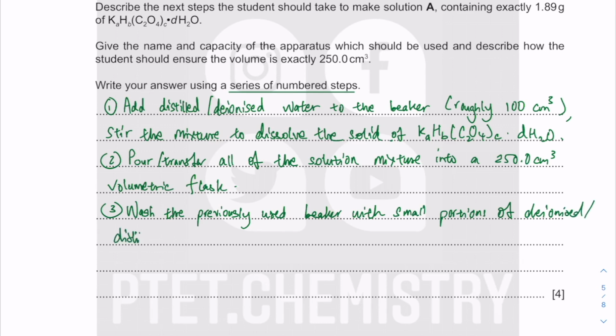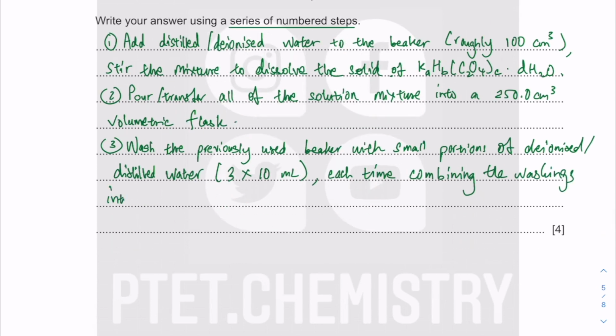Just choose one really. I don't know why I do both of them, I guess to show you. 2 to 3 times 10 milliliter, and then each time combining the washings into the volumetric flask, into the 250.0 cm cube volumetric flask.